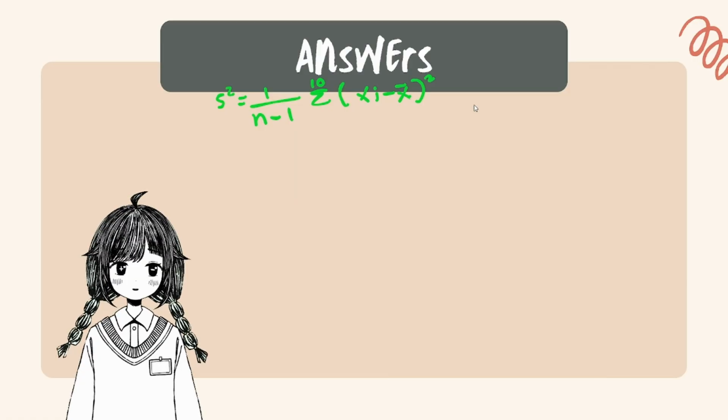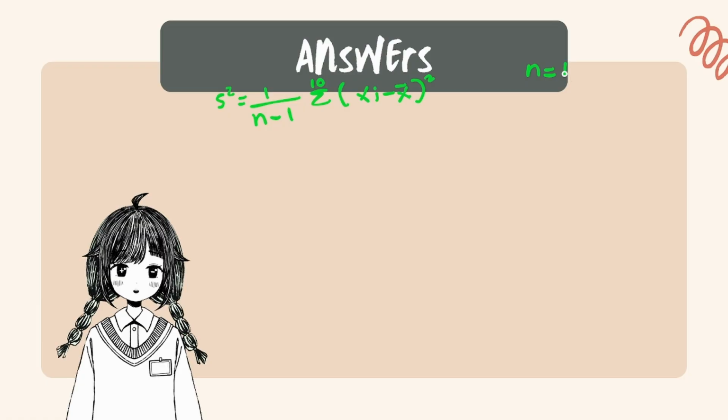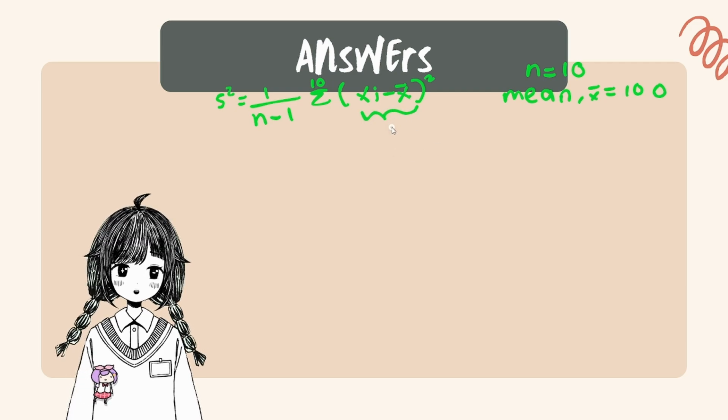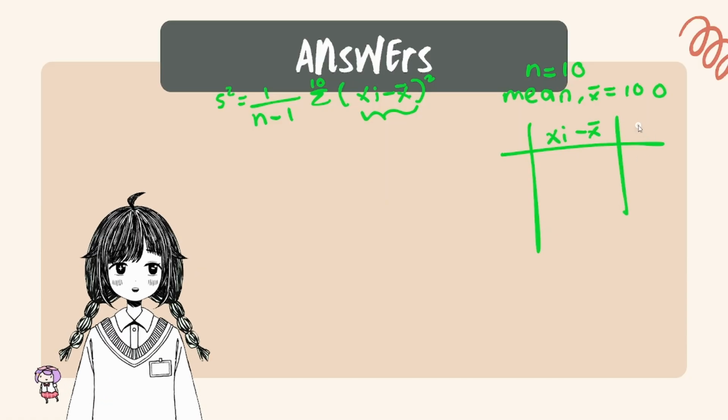We have n equals 10, and the mean we solved before, which equals 100. And right here is the total of each individual data point that we will calculate one by one. So I make a table just to make it easier to see and understand.